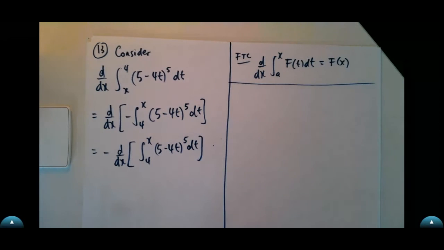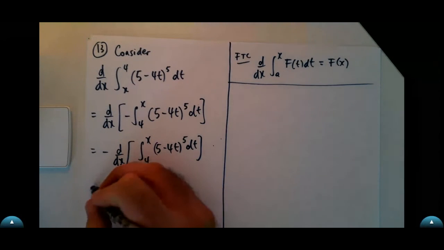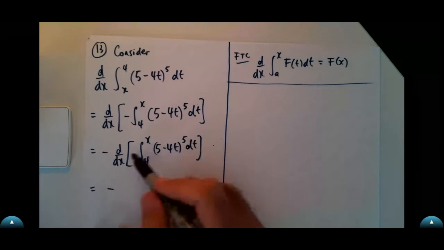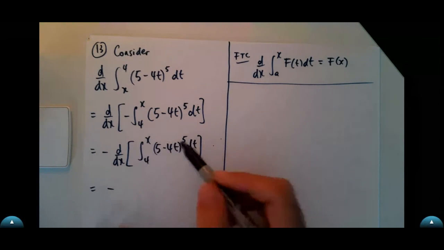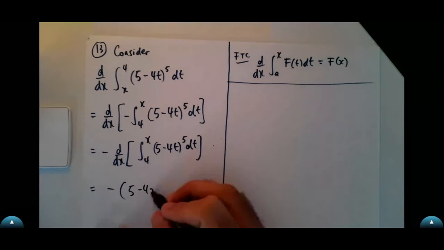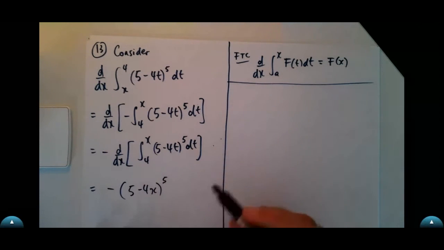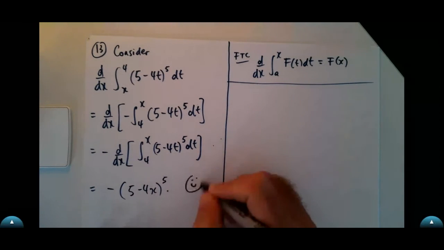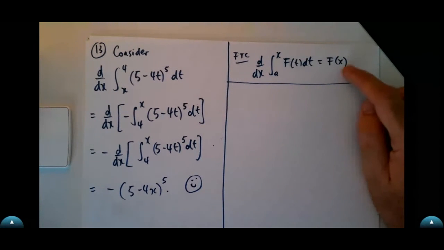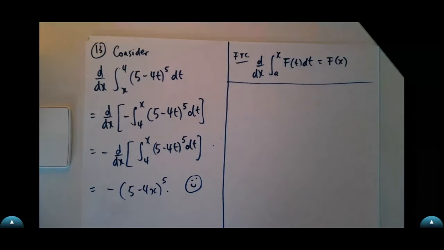Dharam, good question. Am I missing a term there? Have a think about it. I don't think I am. So this disappears, and x goes in here. Okay, so I'm not missing a term here.